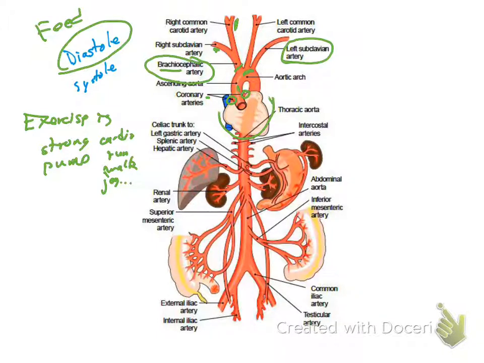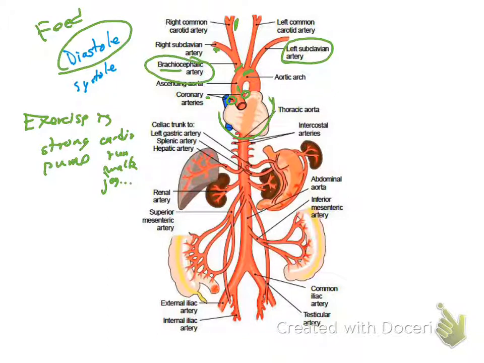Almost everybody is right-handed, so almost everybody writes with the right hand. Because of that, on the right side we're going to have more divisions. So the one brachiocephalic artery gives you 2, the right subclavian artery and the right common carotid artery, and then the right common carotid artery is going to split.